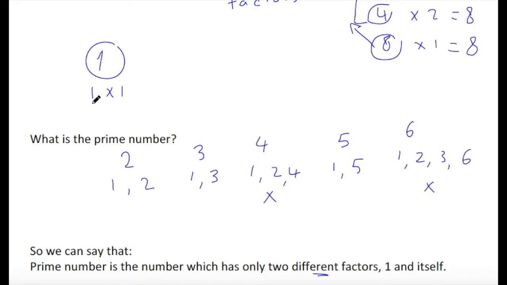And you can see here 1 is just 1 times 1, which is 1. So it has how many factors? It has just 1 factor, which is 1 itself, because 1 and itself is the same. So 1 is not prime, and also 1 is not composite. So we can say 1 is neither prime nor composite.